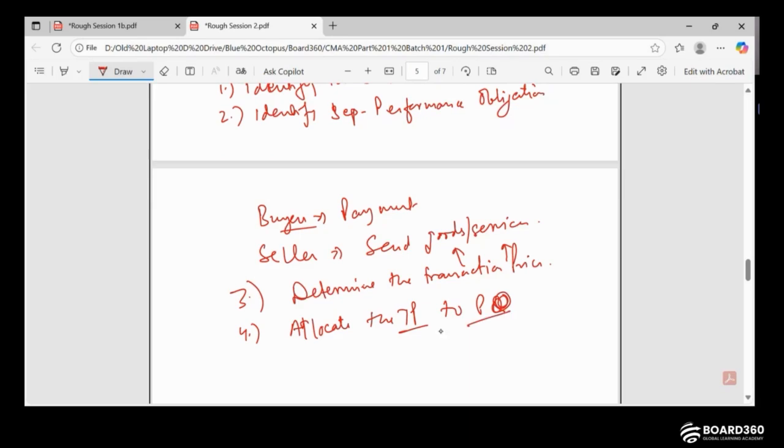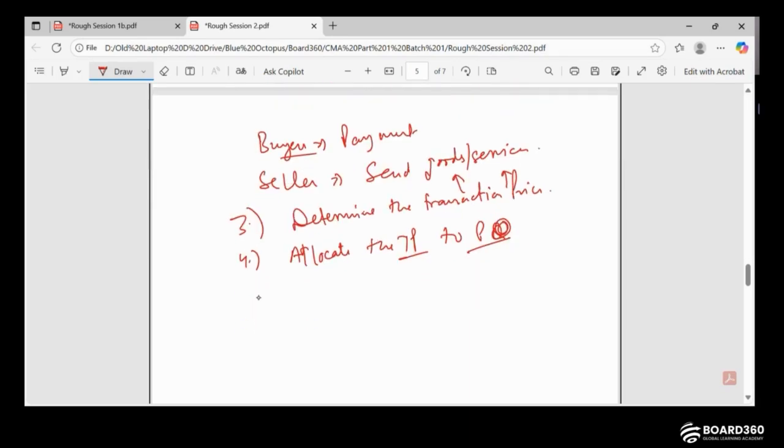So allocating it to the performance obligations. And fifth, recognize revenue. Recognize revenue when the performance obligation is fulfilled by the seller, not the buyer.